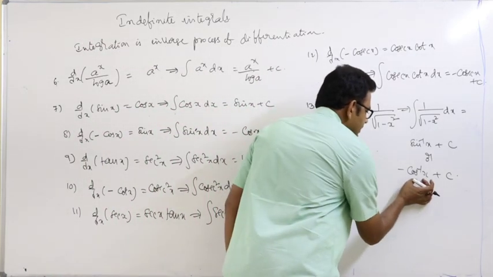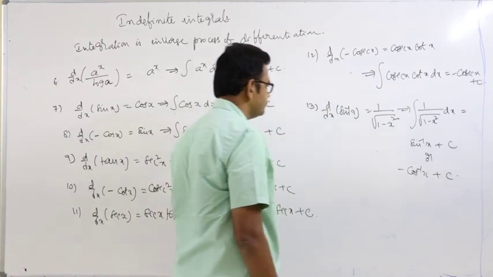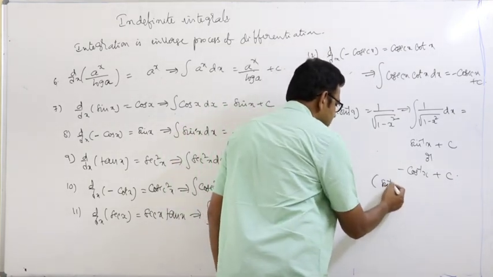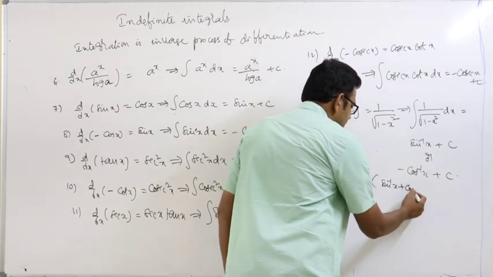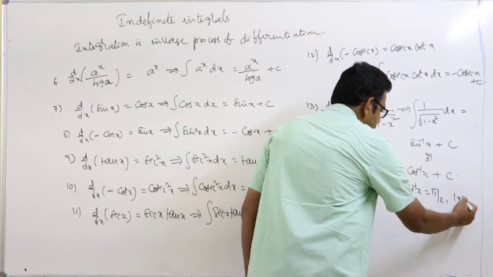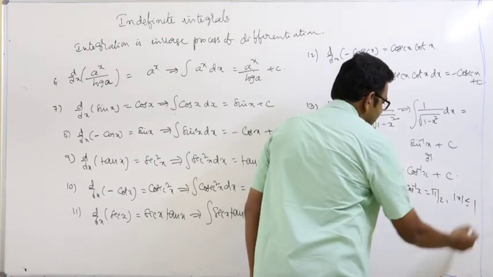So this can be done in two ways. Since sin inverse x plus cos inverse x is equal to pi by 2 if mod x is less than or equal to 1.